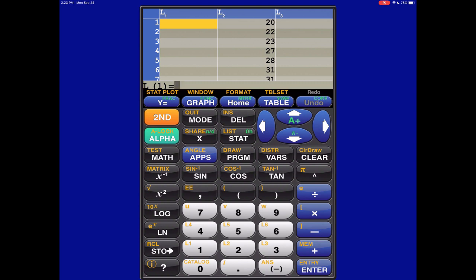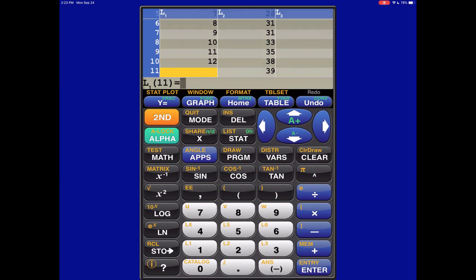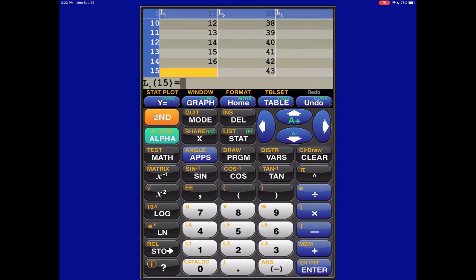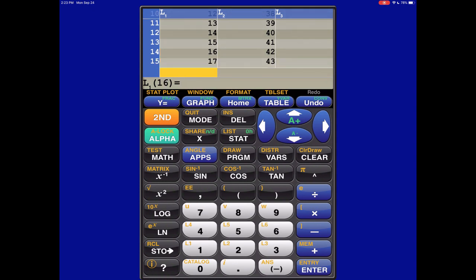So what that means is that 2003 is 3. Then we have 4, 5, 6, 7, 8, 9, 10, 11, 12, 13, 14, 15, 16, 17. Now, our data values are equal, so we're good.